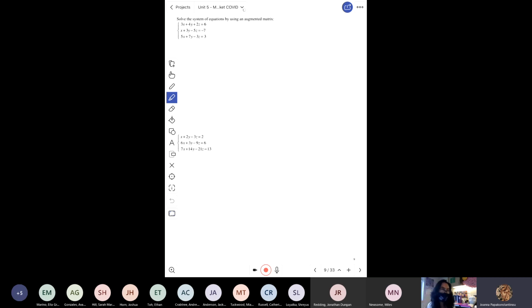Okay, let's look at what happens when we're solving a system of 3 equations and 3 unknowns by performing row operations, Gauss-Jordan, on an augmented matrix. What's the first thing I do? Okay, make sure that it's in standard form. First thing is standard form. Then after I know it's in standard form, I write the augmented matrix.